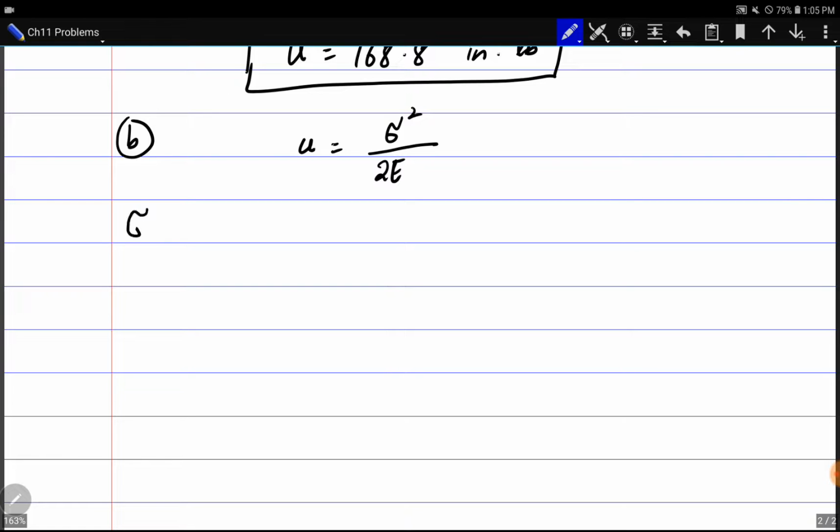Sigma CD is equal to force divided by area of CD, minus P divided by area of CD. So it is 8 into 10 power 3 divided by 1.85, which becomes minus 4.324 psi.